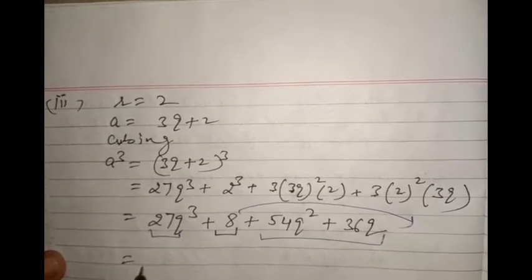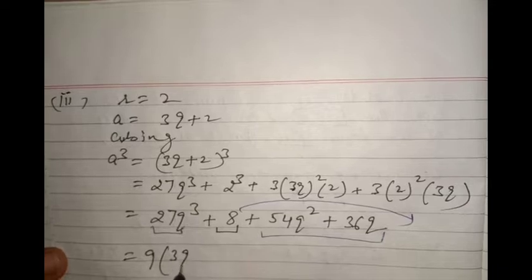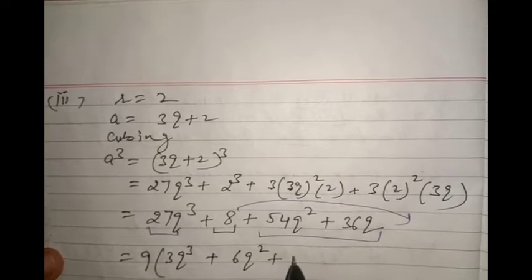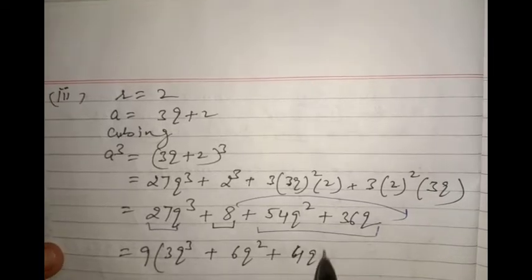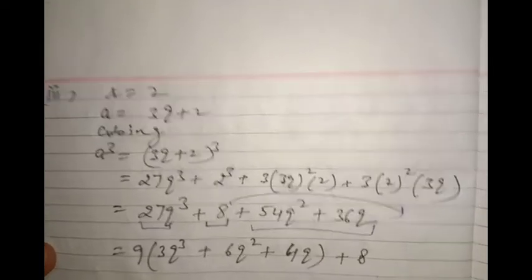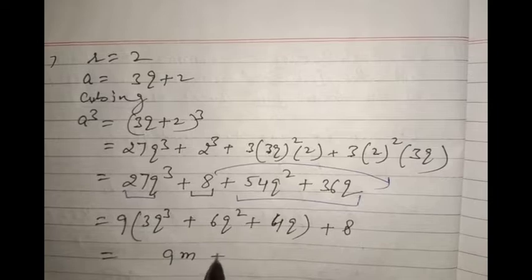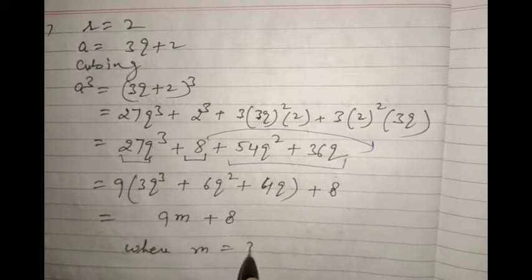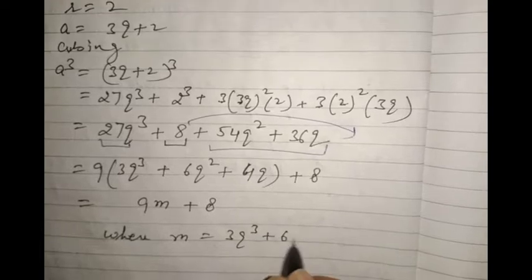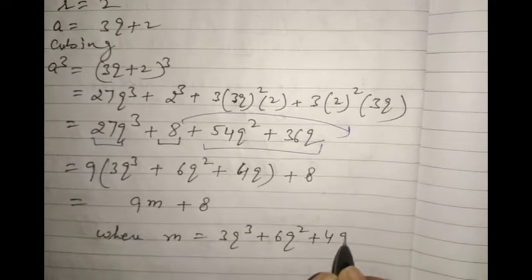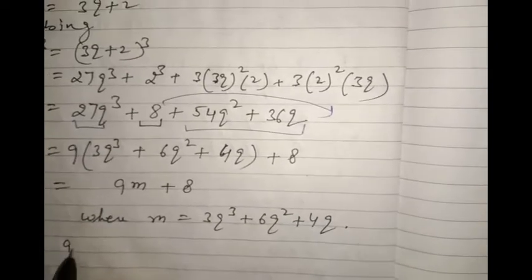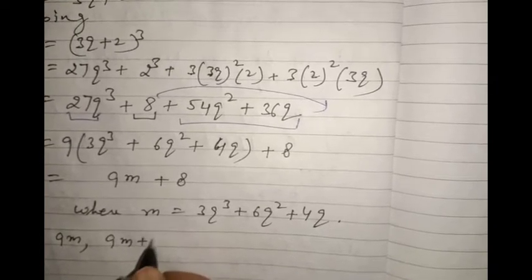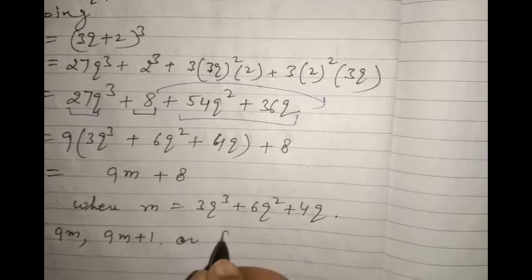So this will be 9 times (3q cube plus 6q square plus 4q) plus 8. And this can be written as 9m plus 8, where m is equal to 3q cube plus 6q square plus 4q. So you have seen that a cube of a number can be represented as 9m, 9m plus 1, or 9m plus 8.